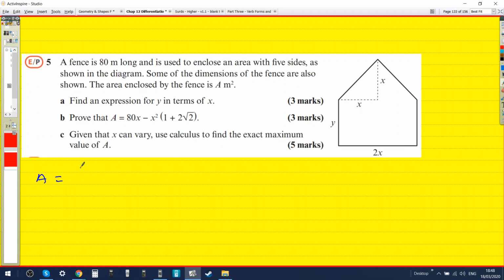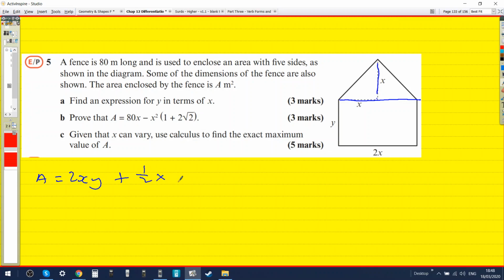So that is 2xy, and this up here, plus... What shape is it? Triangles. And so that's going to be a half times base times height.